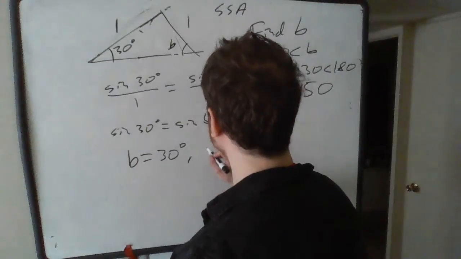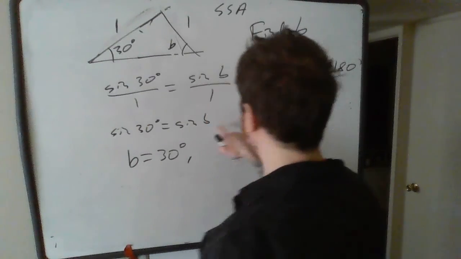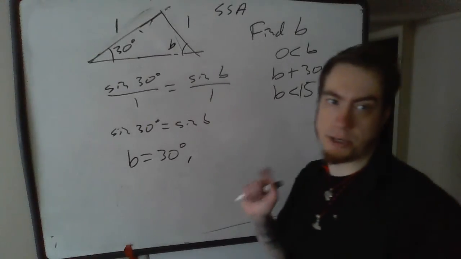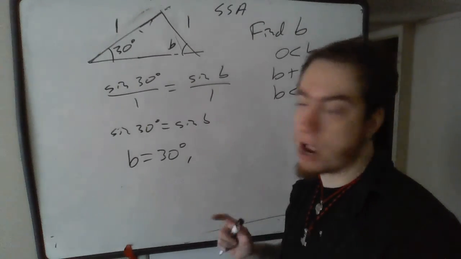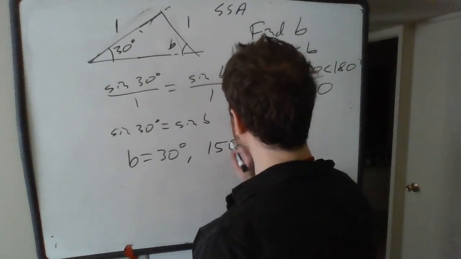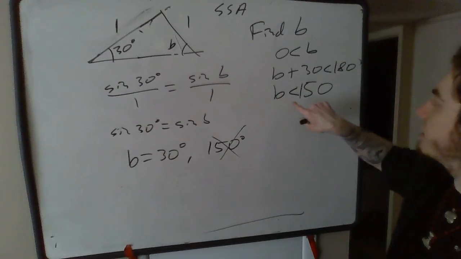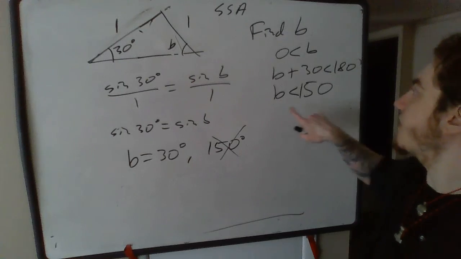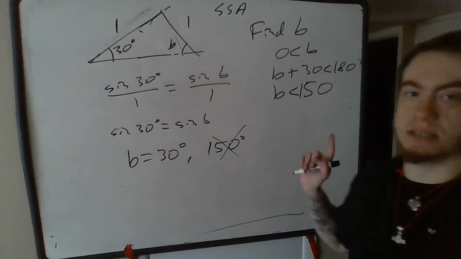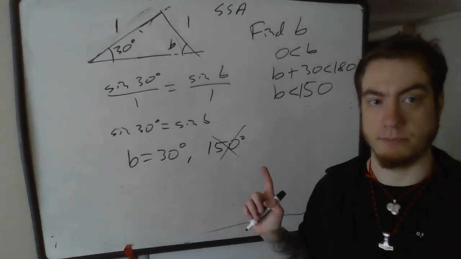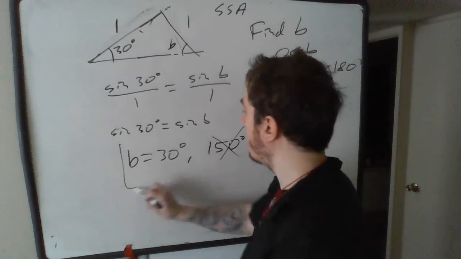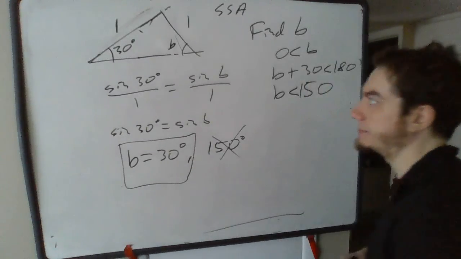The other possibility would be that if this has to be between 0 and 180 degrees, because this is a triangle, it could actually be equal to 150 degrees. But that is ruled out because we found that this angle needs to be strictly smaller than 150 degrees.